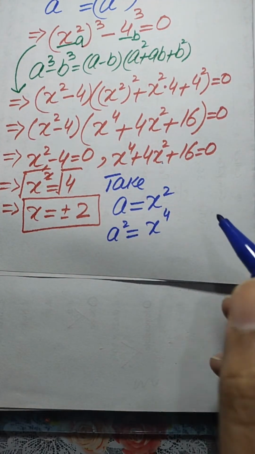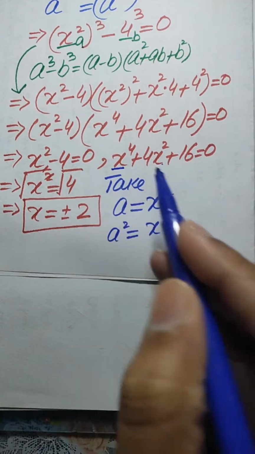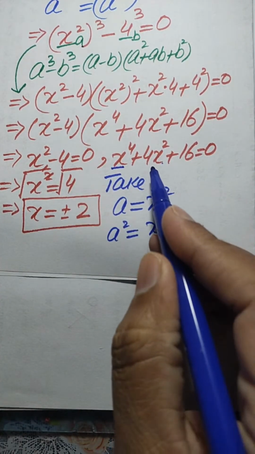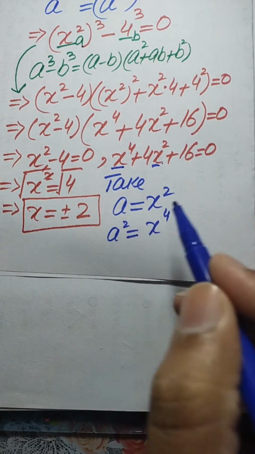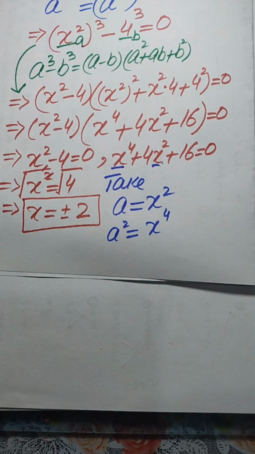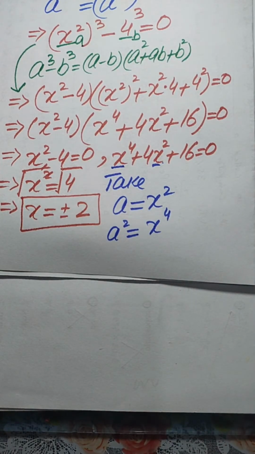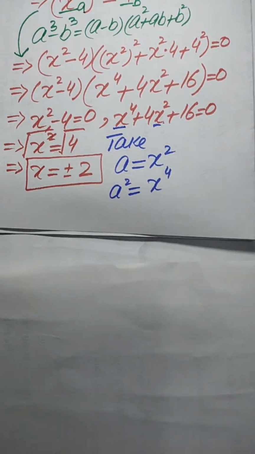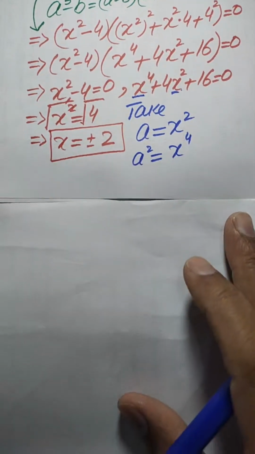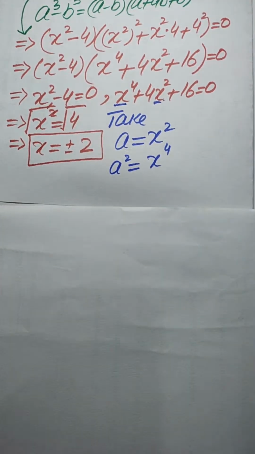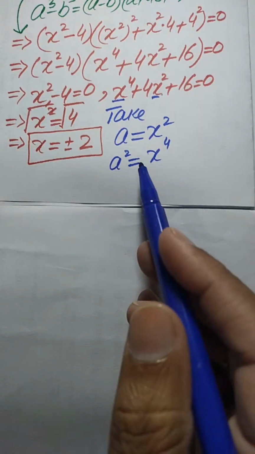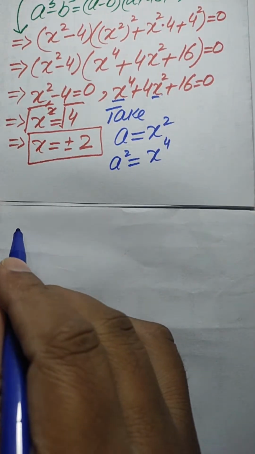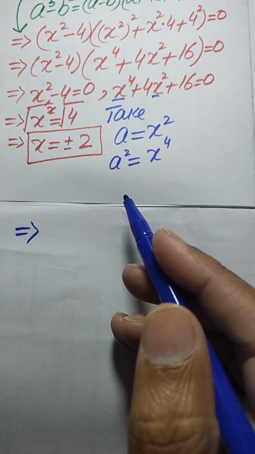It means that we substitute x to the power of 4 equals a square, and x square equals a. After substituting both of these values, we write the above equation in this form.